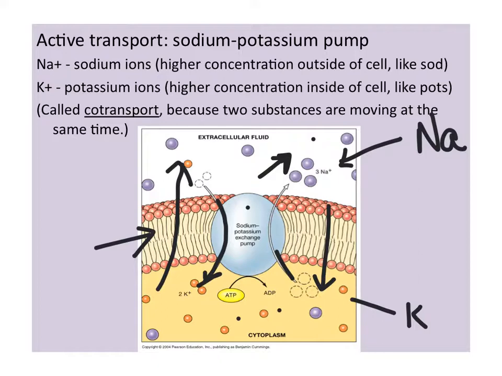And that individual that does that is the sodium-potassium exchange pump. It requires energy. It is going against the concentration gradient. So that might help you remember that. Sometimes in this case, this is also called co-transport, because two different ions are being moved pretty much at the same time with the same pump.